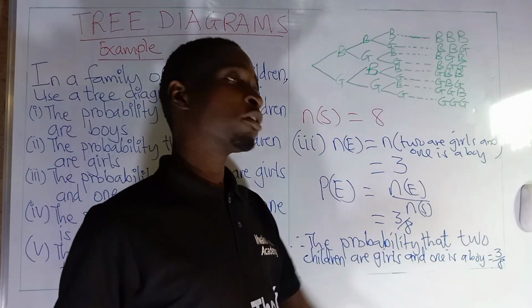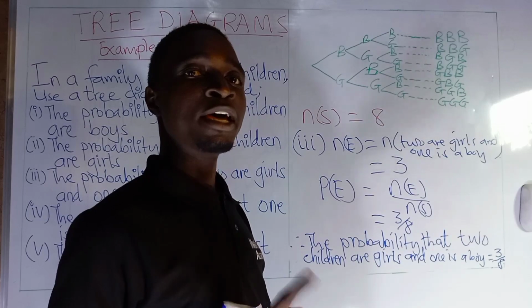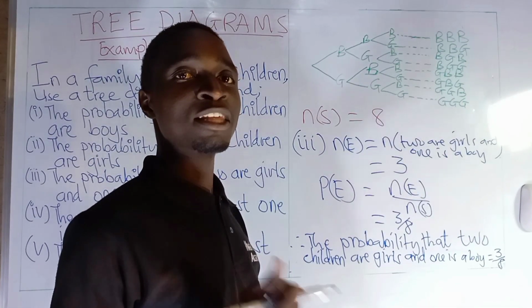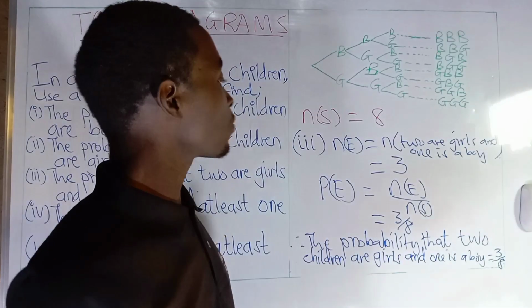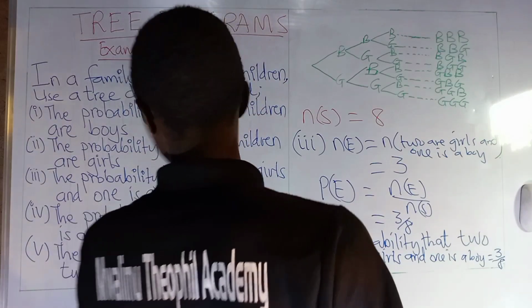This is the probability of getting 2 girls and 1 boy within this family which has 3 children. Now we are through with our third part of our question. Let us go to our fourth part.